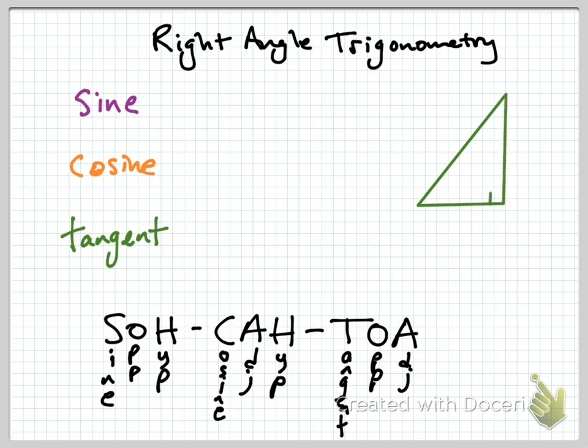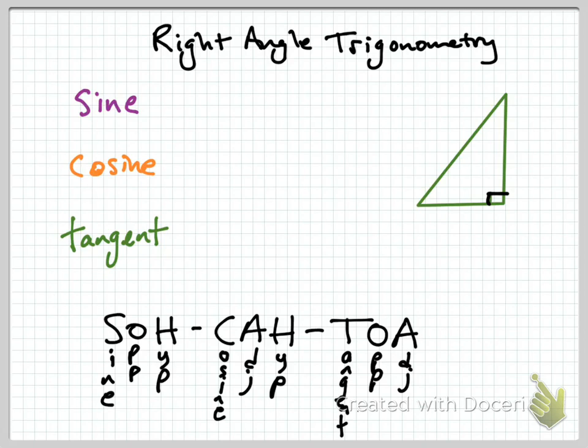So if I have a right triangle here, I know it's not perfect. Let me just redraw this by hand.